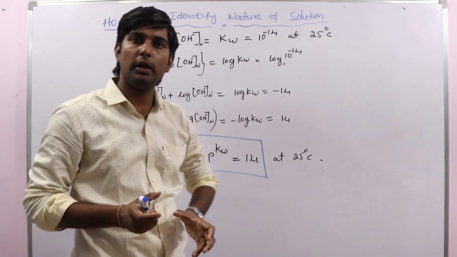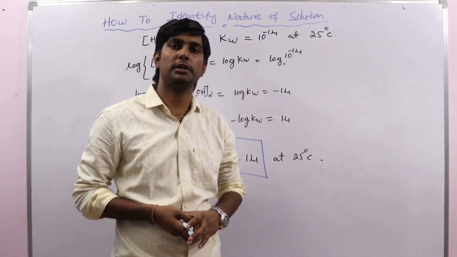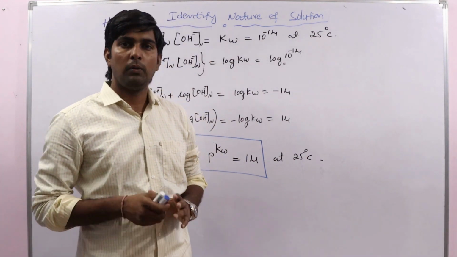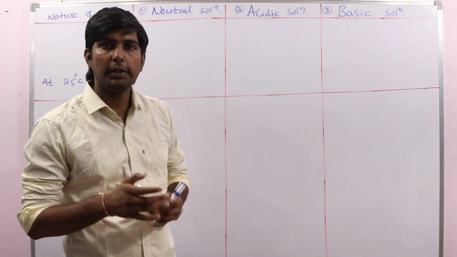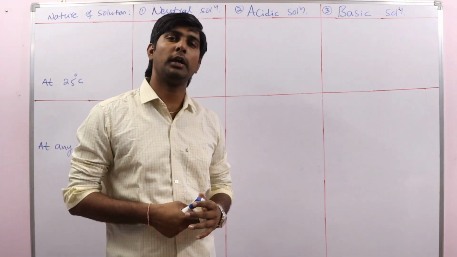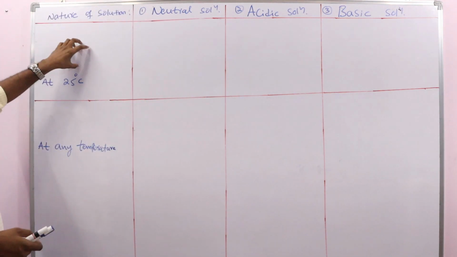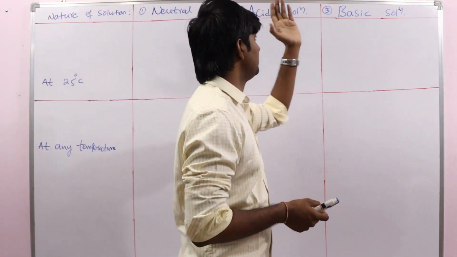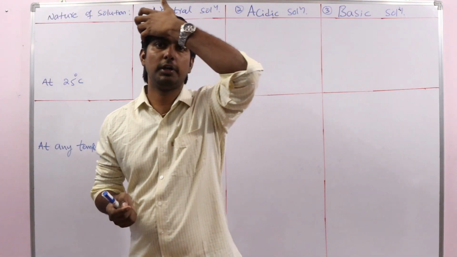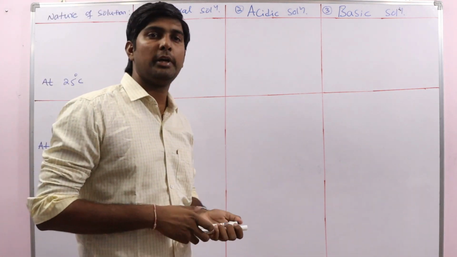If you understand the table, we can solve so many problems and understand the concepts easily. Now let us see the table. We have just discussed that pH plus pOH equals pKw, right? Now let us see the nature of the solution, whether it is a neutral, acidic or basic solution, depending upon the concentration of H plus ions and OH minus ions.